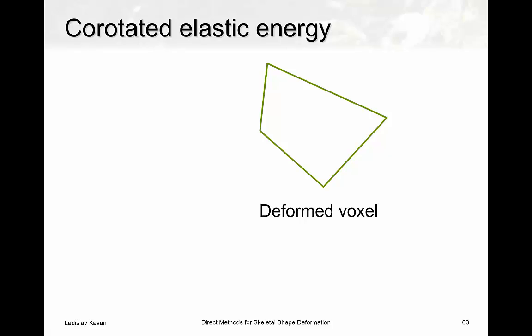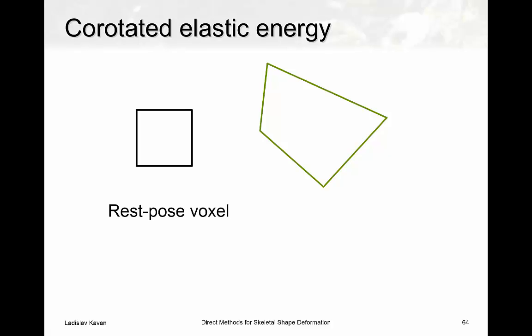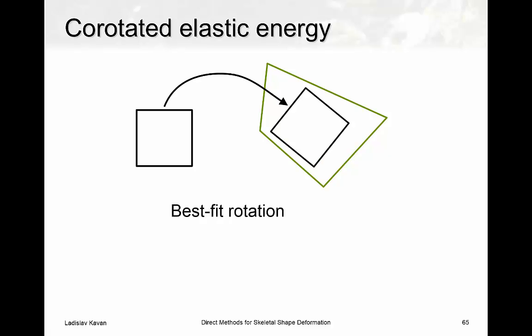So if this is your deformed voxel and it started as this rest pose voxel, what corotated elasticity essentially does is it first finds a best fit rotation. And then we look at all of the edges. Oh, that's exactly what you were looking at in the FAST paper, by the way. Look at all of the four edges, and we sum their square differences. The idea is we would like the green edges to be the same as the red edges, right?